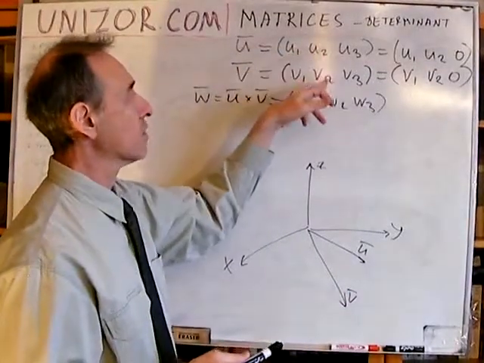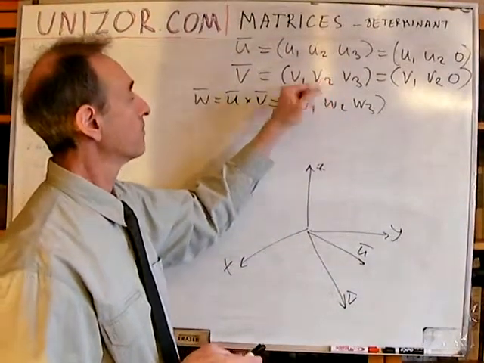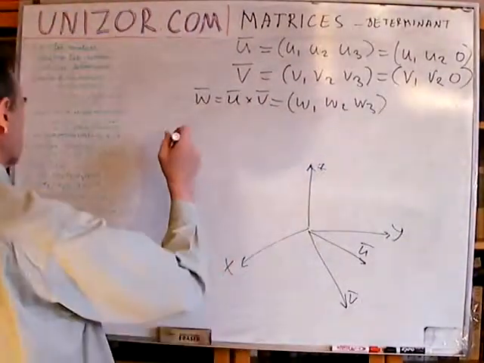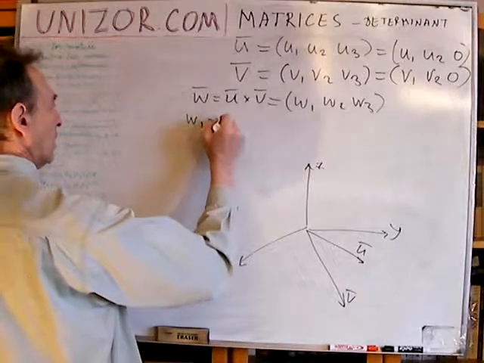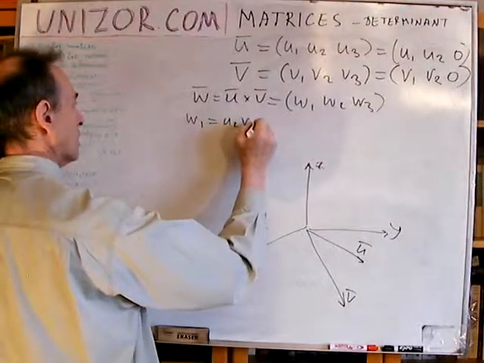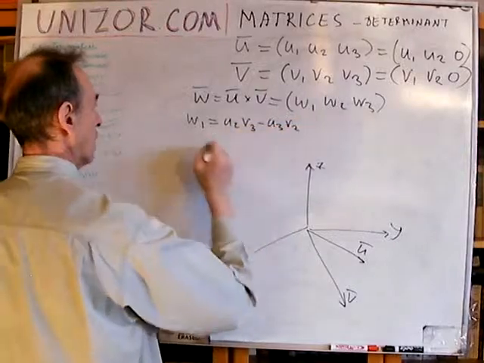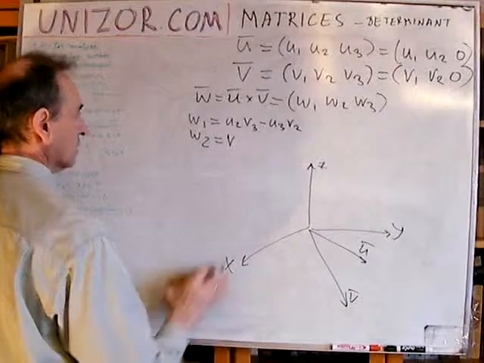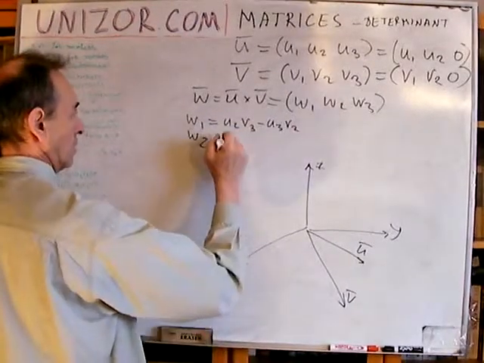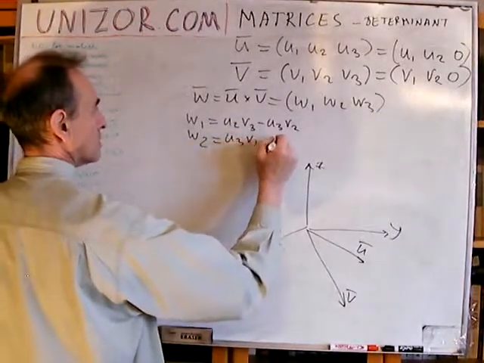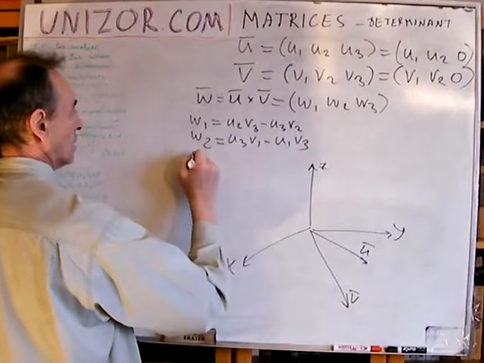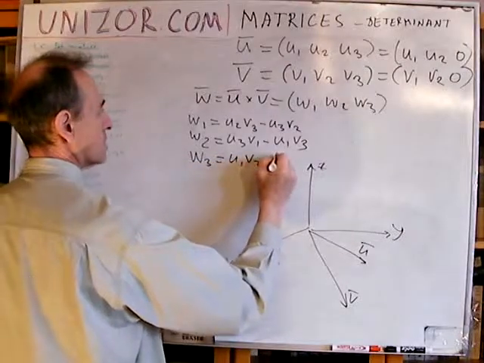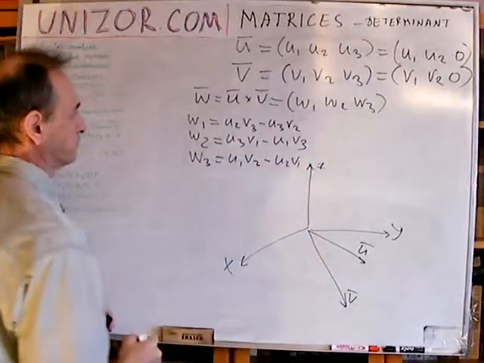If you have these coordinates of the two vectors, then these coordinates are calculated using the following formulas. w1 equals u2v3 minus u3v2, w2 equals, it's all cyclically changed, u3v1 minus u1v3, and w3 is equal to u1v2 minus u2v1.